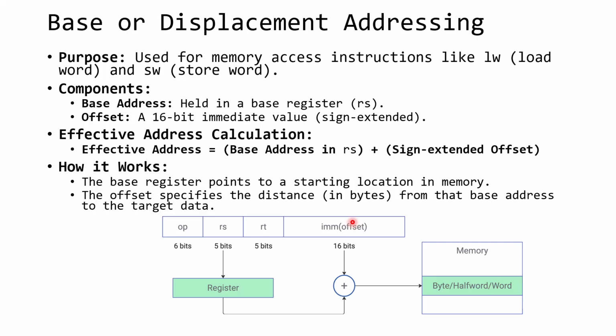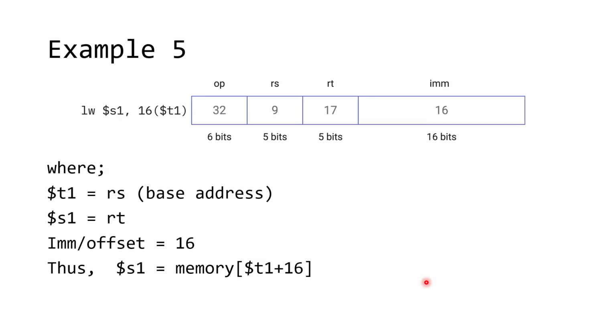You need to consider it as bytes because to go to the next word, we need to multiply by 4. But if you want to go to the next half word, it should be multiplied by 2. And if it's a 1 byte or load byte, then it should be 1 byte.